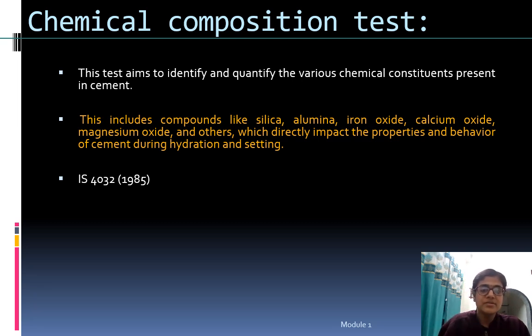So moving to the last one, that is my chemical composition test. Now chemical composition test is very important because, as we have seen, cement is made of many components, many chemicals like silica, CaO, and a lot of smaller constituent parts. So chemically, a lot of elements are there, right?